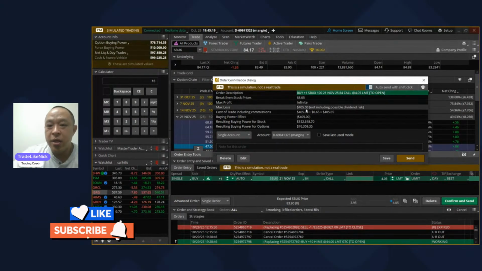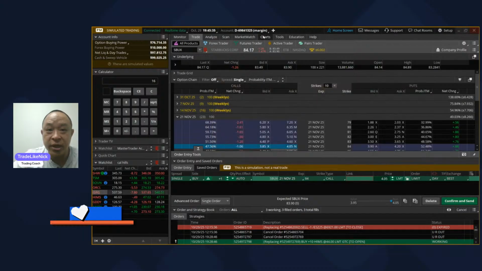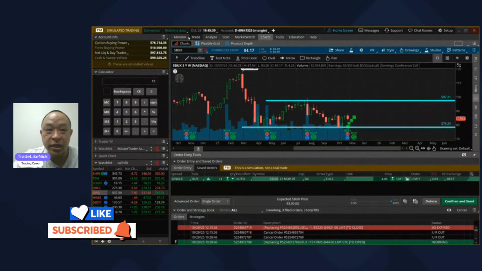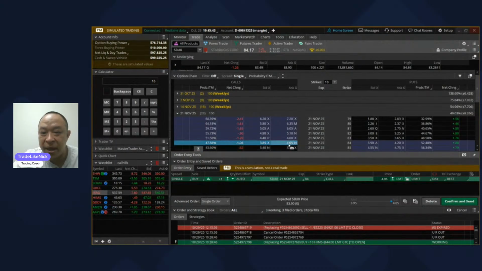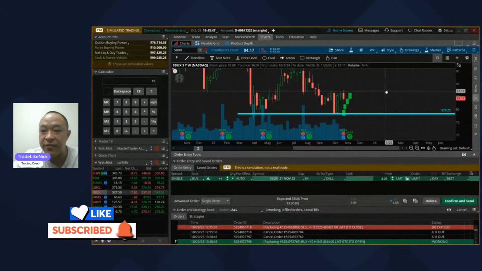And what this trade is saying is it's going to control 100 shares of Starbucks, and I'm paying $4.05 per share, or the whole contract is $405. If you don't understand it, don't worry. The strike price that we're buying here is $84. I'm paying $4 for the right to buy Starbucks at $84.